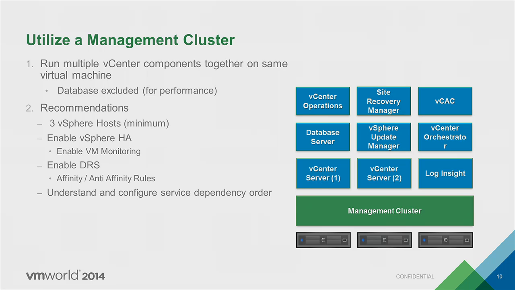Depending on the size, it will dictate how big that cluster needs to be. But you're going to have HA with admission control. You're going to have HA with restart priorities, VM monitoring, and DRS with affinity rules, where you want to keep the components together, but the database, say, on separate hosts. That helps with availability because you only have to recover half of it at that point.